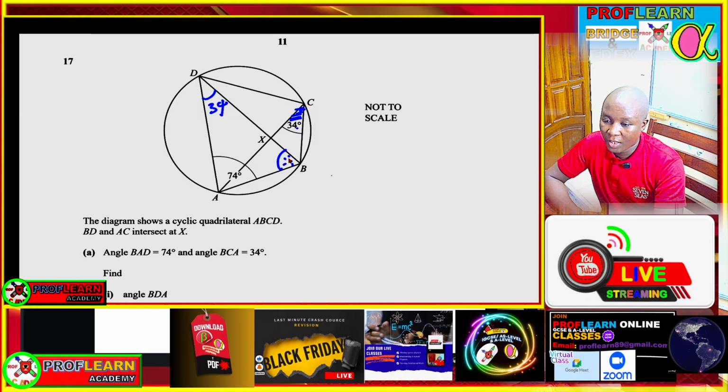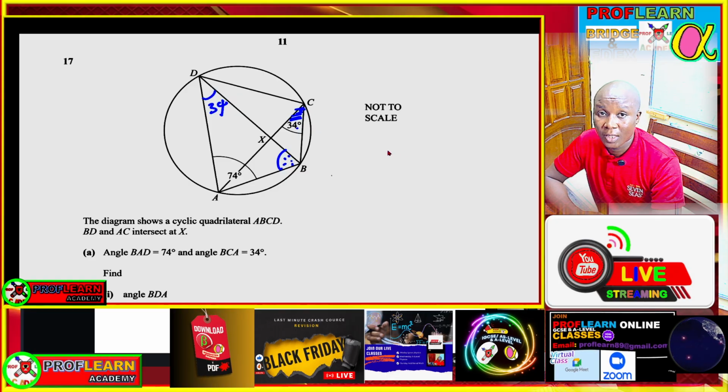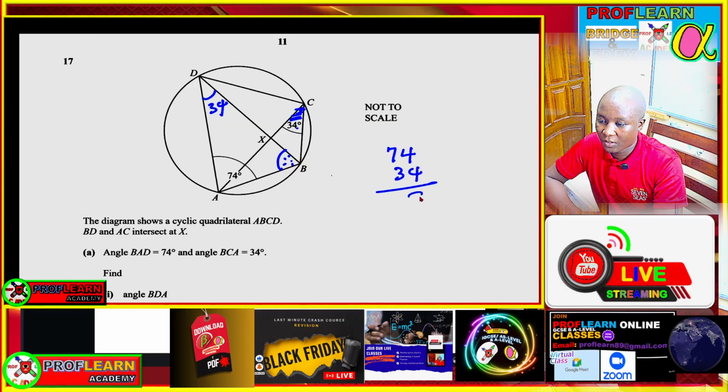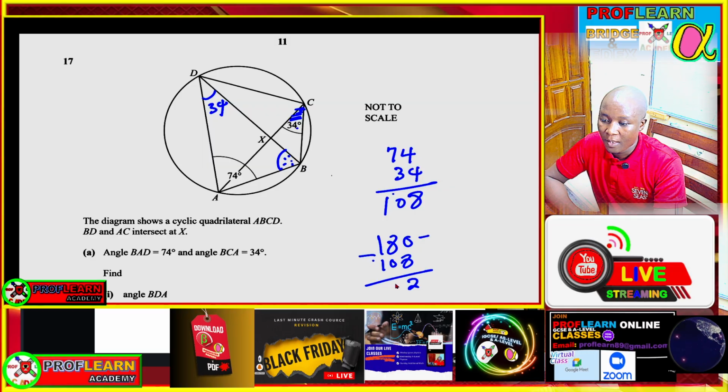Then also we have this angle being subtended, so we can take 34, 74, then we find this particular angle. Angles in a triangle add up to 180. So 34 plus 74 is 108. 180 minus 108 is 72. So this angle here is 72 degrees.